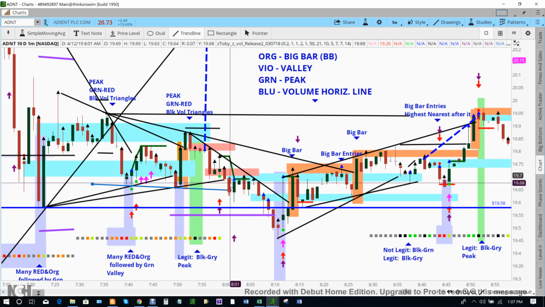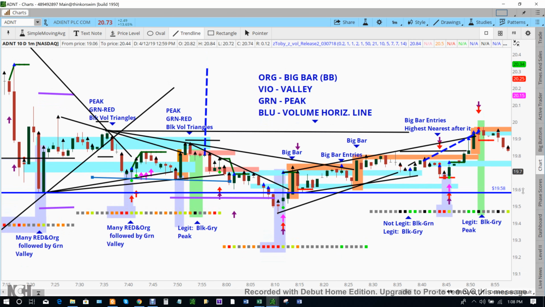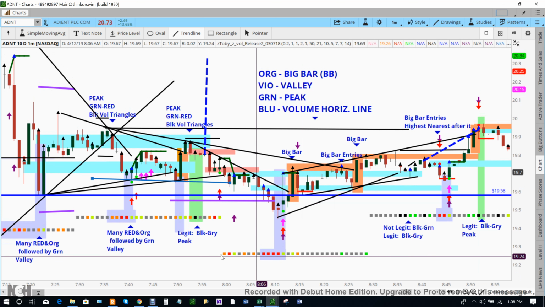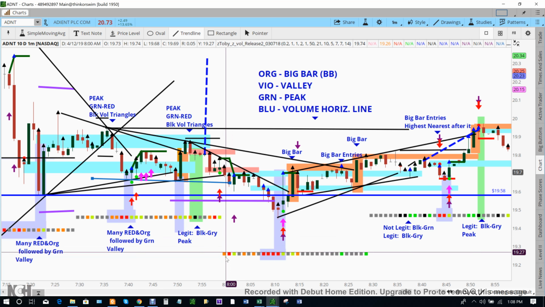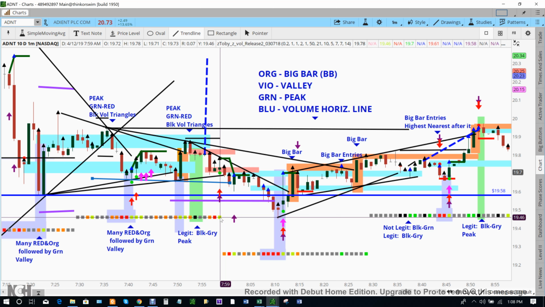Now we have a red candle and a green candle, so that kind of tells you that might be the bottom there. So we got two things that say that this is a valley. Now, if we look at these guys down here, we got green, orange, red, and green, and then before that was an orange.